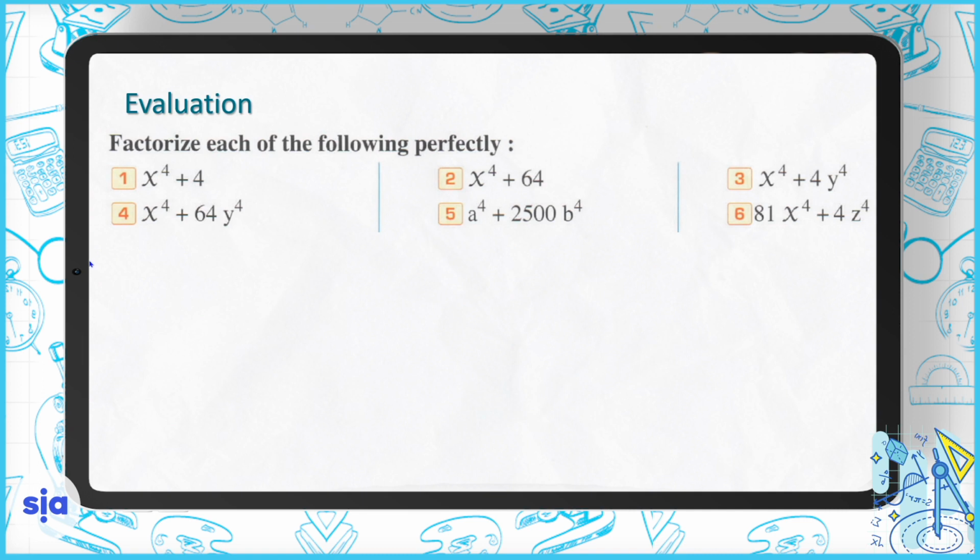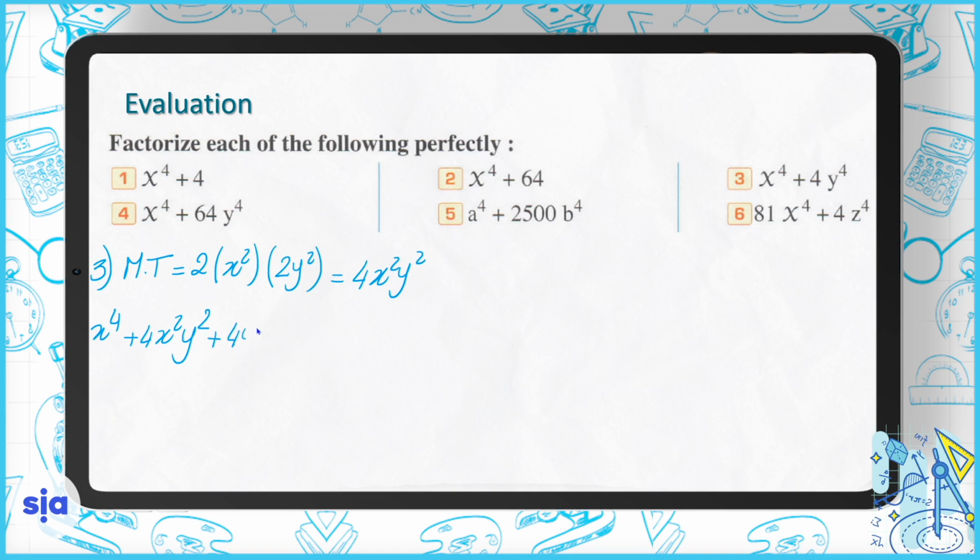Let's now go to question 3. Same idea as the previous ones. The middle term is 2 times the square root of the first times the square root of the second. So the middle term is 4x squared y squared. We're going to add the middle term in the middle. So it's x power 4 plus 4x squared y squared plus 4y power 4 minus, we subtract again the middle term, 4x squared y squared.